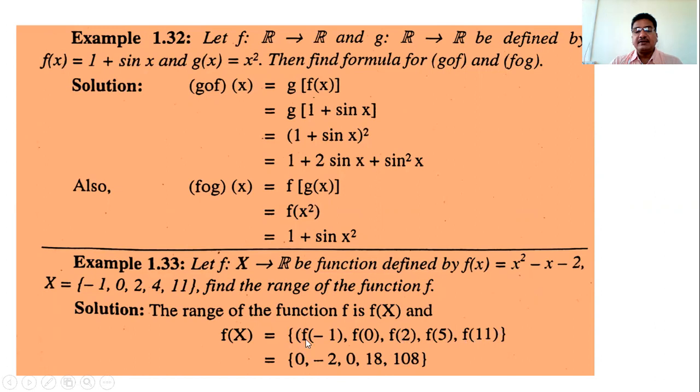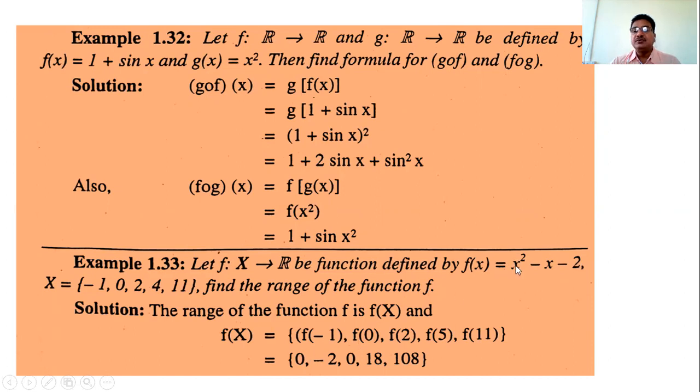So f of -1 is what? Substitute x as -1. -1 square is +1, minus (-1) is +1, so 1 plus 1 is 2, minus 2 becomes 0.